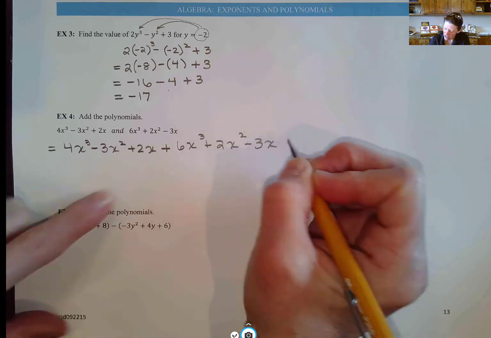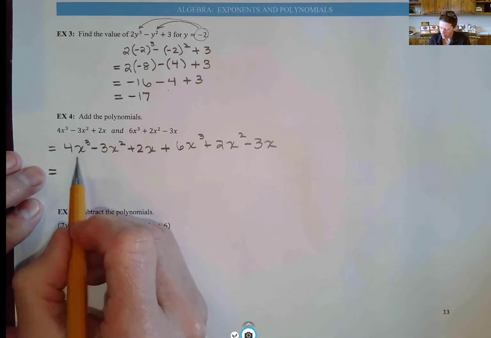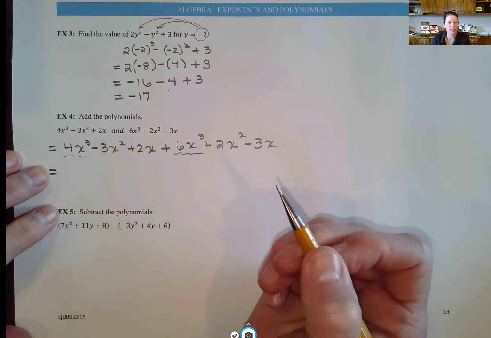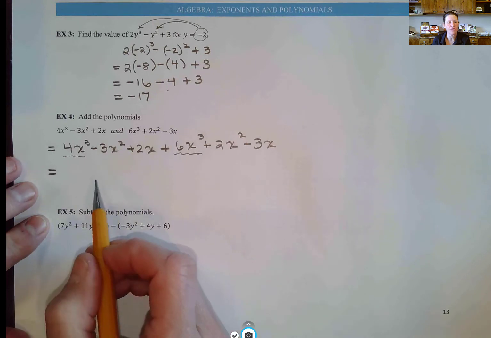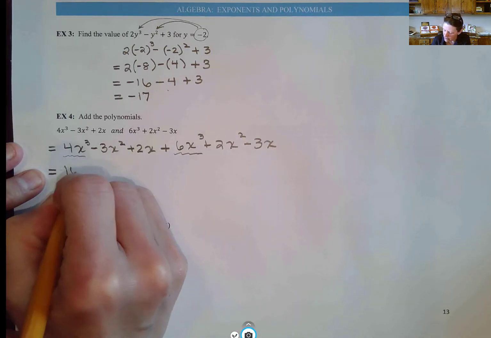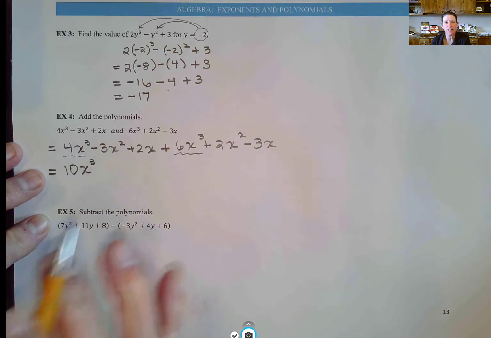And when we add polynomials, we combine like terms. Like terms have the same variables raised to the same exponents. So 4x to the 3rd and 6x to the 3rd are like terms, and they combine to 10x to the 3rd. Okay, that's not 10x to the 6th, it's 10x to the 3rd.